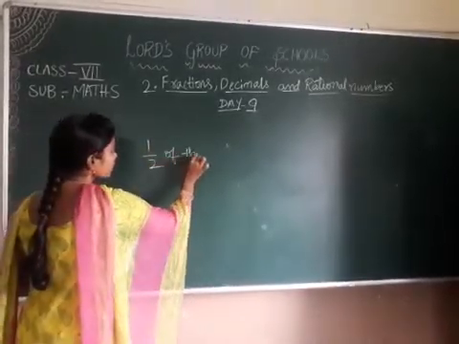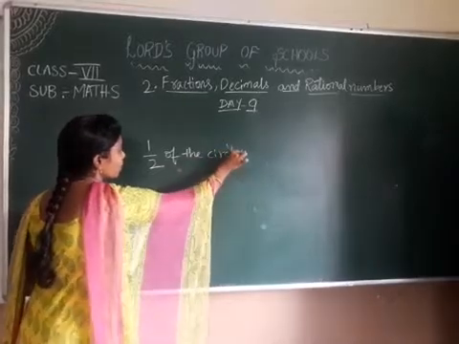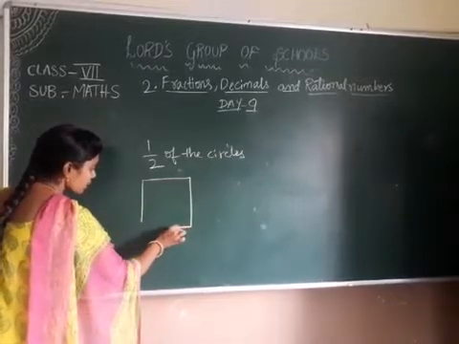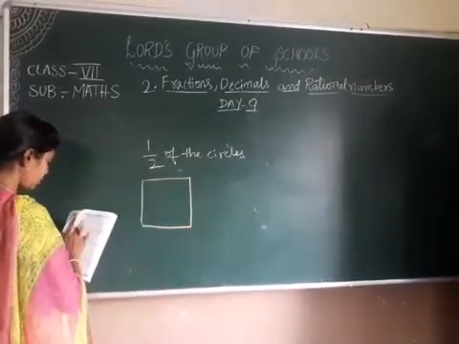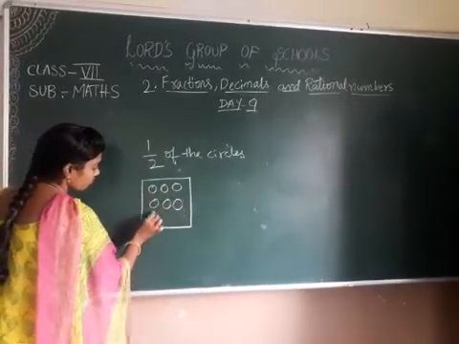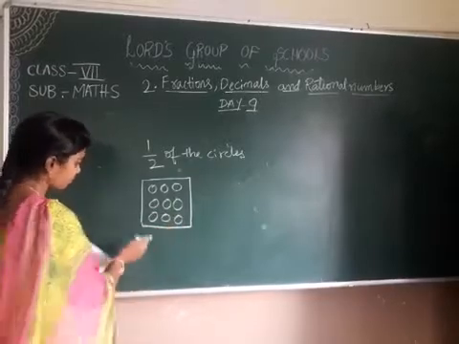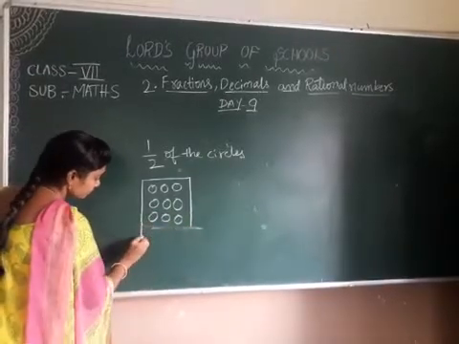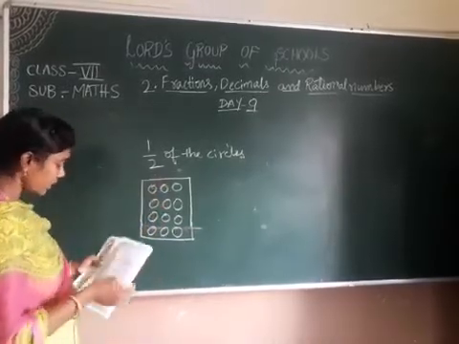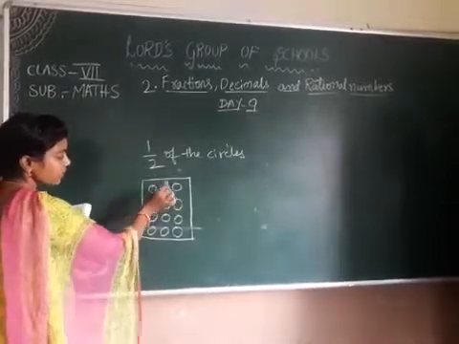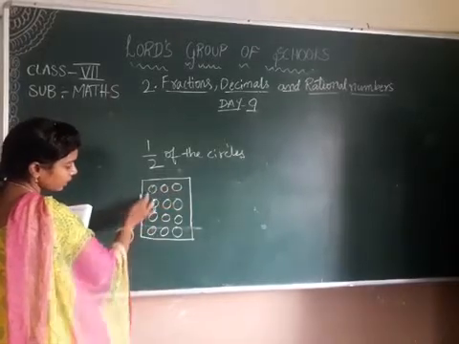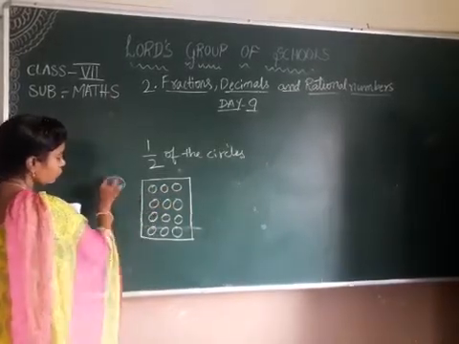I will do one, and you can do the other problems. For half of the circles, first count how many there are: 3 in each row, and 4 rows, so 4 threes are 12 circles.